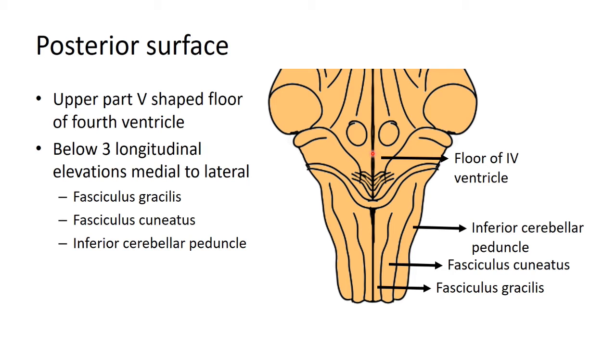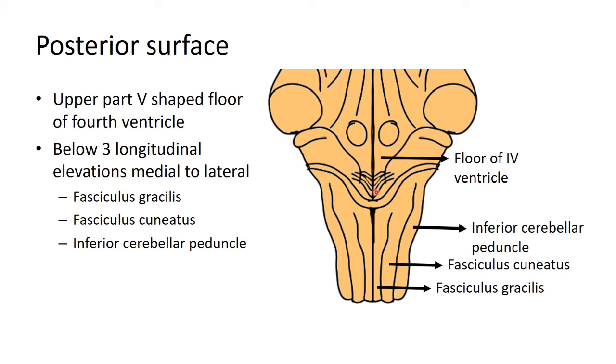For the time being, know that the upper part of the medulla, that is the posterior surface of the medulla, is V-shaped and forms the floor of the fourth ventricle.